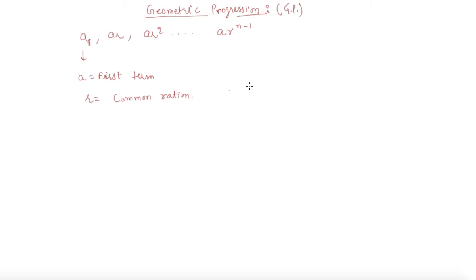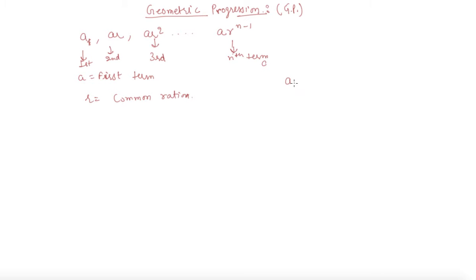Why is it called the common ratio? Because when you see that this is the first, this is the second, this is the third term, up to the nth term, then just as in an AP there is a common difference, here there is a common ratio.